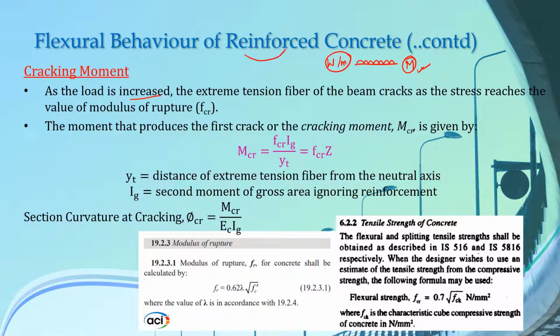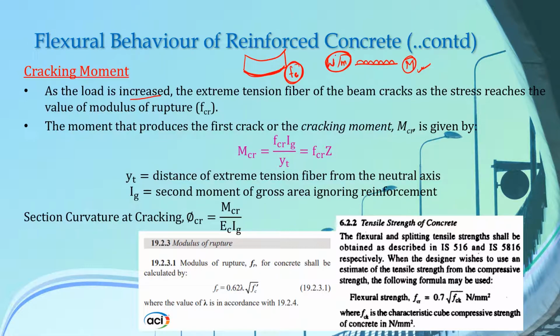So if this was our beam here, this lowermost part of our beam, or this extreme tension fibers, is subjected to tensile force on the application of this load here, these are subjected to certain value of stress, and this C represents the concrete.